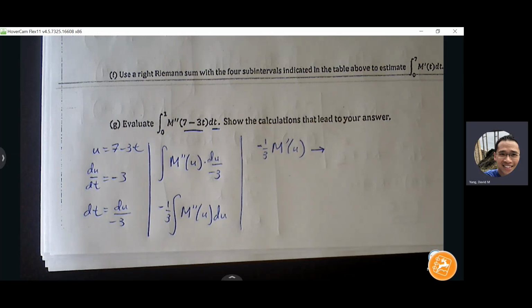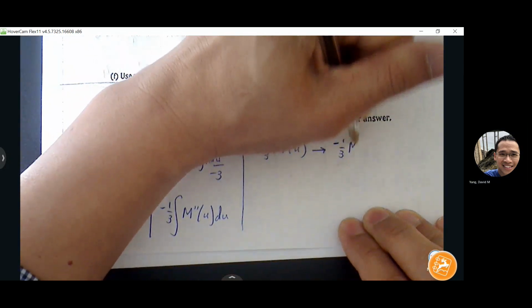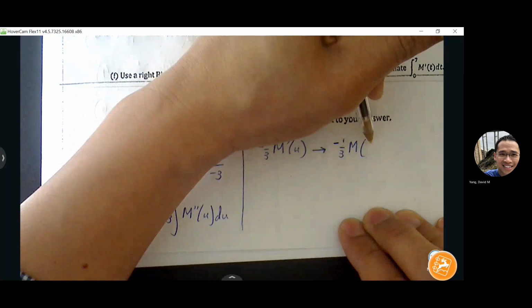Once I have m double prime ready to go, take the antiderivative, becomes m prime. Calculus is done, but I still want to resolve this U because I don't want to plug the 1 in for U because these are not the same variables. So replace the U back in terms of t.